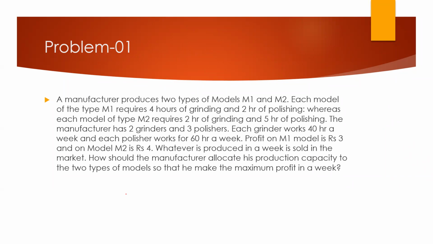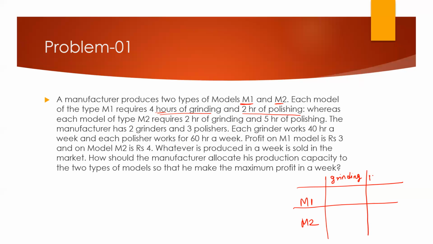If you see problem one, there is a manufacturer. It is manufacturing two types of models, M1 and M2. Each model of type M1 requires 4 hours of grinding and 2 hours of polishing. So when you are manufacturing M1 and M2, some processes are involved: one process is called grinding, and the other process is called polishing.